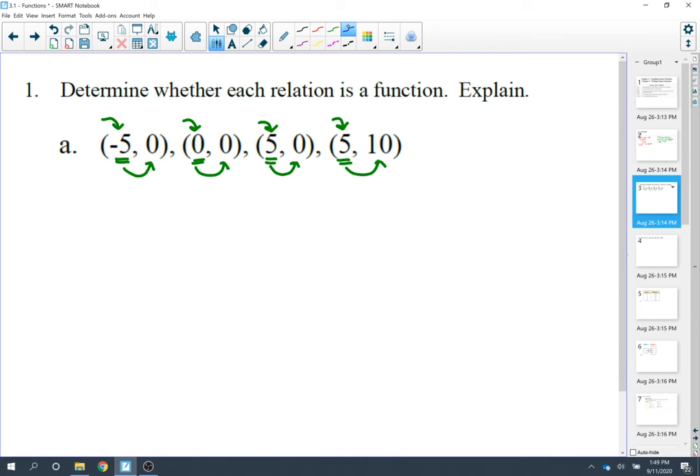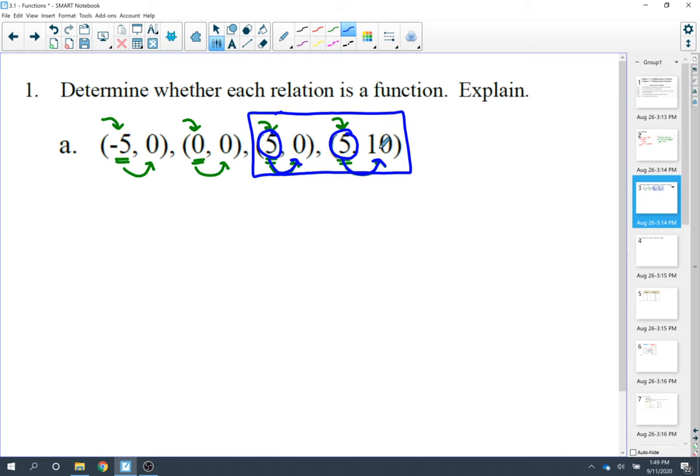Specifically, that keys me in here, because do you notice that your input is kind of doubled up? You have a 5, and you also have a 5. Well, if each input has to be paired with exactly one output, that's not exactly one, because 5 is being paired with 0, and 5 is also being paired with 10. So my input value of 5 is not being paired with exactly one output value.